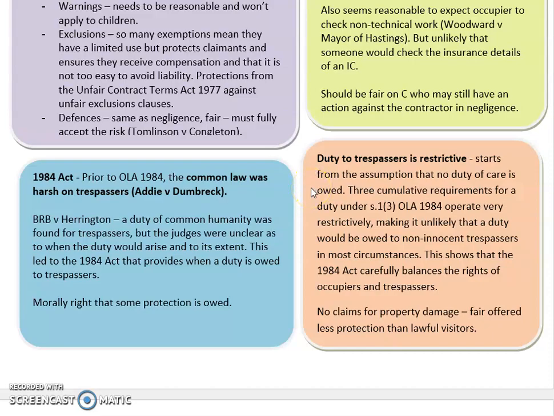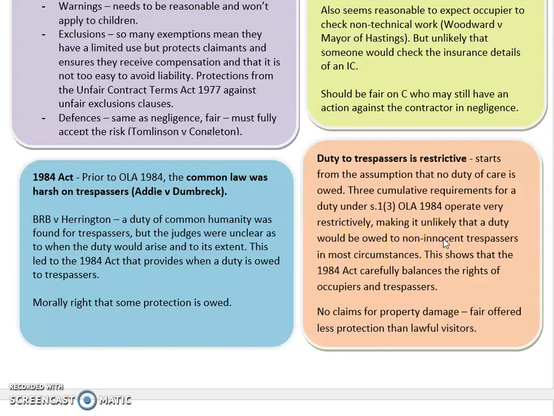And there are 3 cumulative requirements for a duty under Section 1.3 of OLA 1984, and together they operate very restrictively, making it unlikely that a duty is going to be owed to non-innocent trespassers in most circumstances.